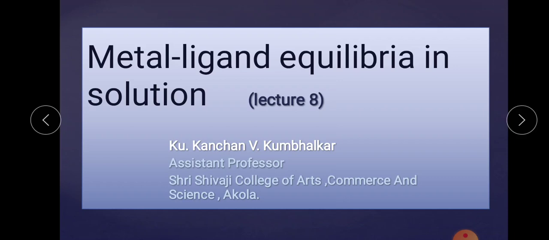This is my 8th lecture of Unit 4 of MSc First Year, Paper 1, Inorganic Chemistry 1, which includes 2 parts. A part has been completed in the previous lectures, and from this part we are starting with the metal ligand equilibria in solution, which is the B part of Unit 4.